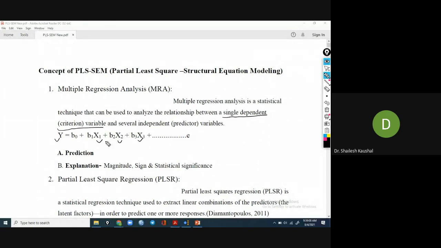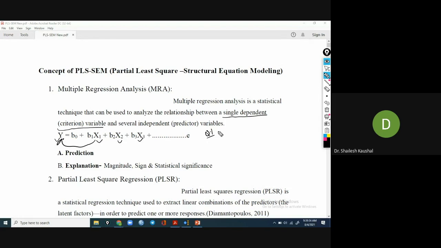Many independent variables we can take in our study model. Now it is not necessary that all the independent variables significantly contribute to the dependent variable. For example, I am taking 10 variables.